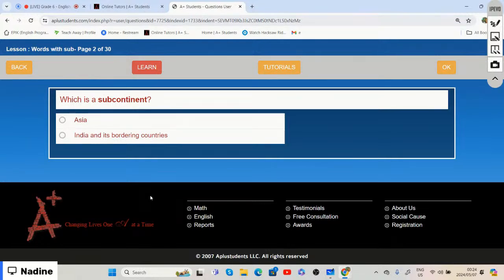Okay, which is a subcontinent? We said a subcontinent is basically part of the main continent. Is a subcontinent Asia, or is a subcontinent India?